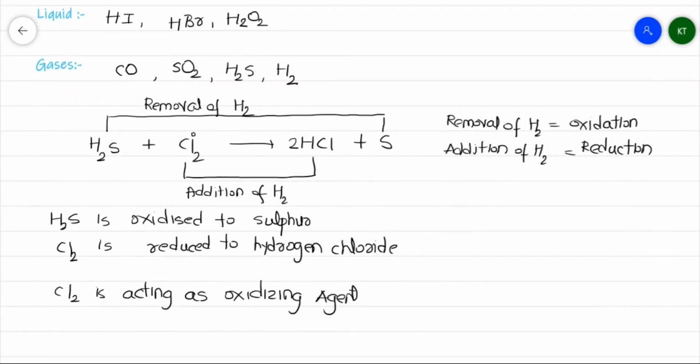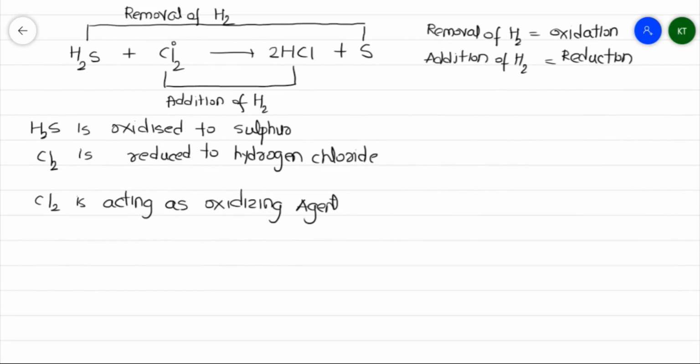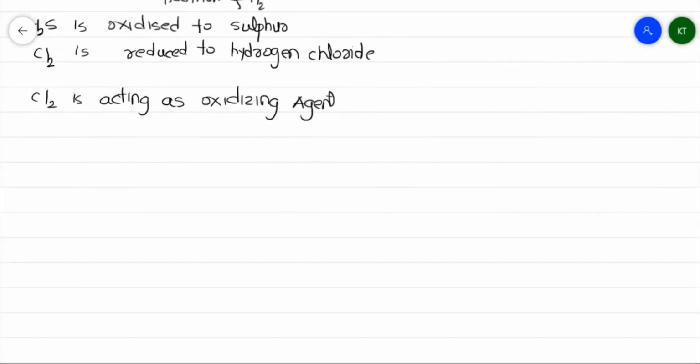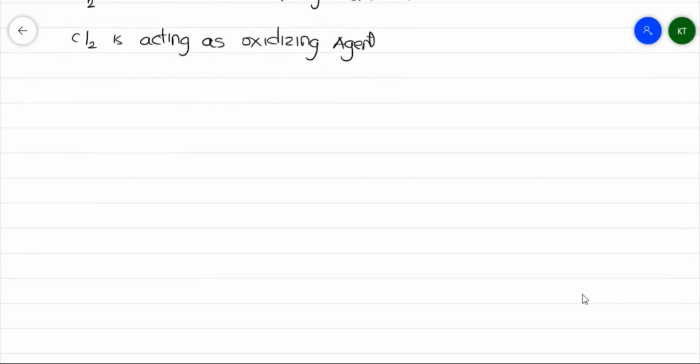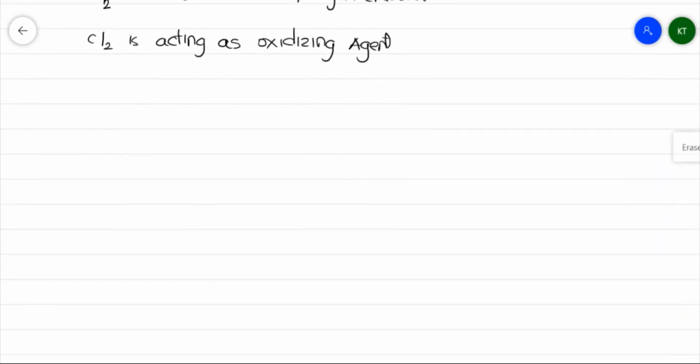Let me take another example to understand the reaction. Let me take copper oxide, CuO, which reacts with NH3 to give Cu, N2 and H2O.